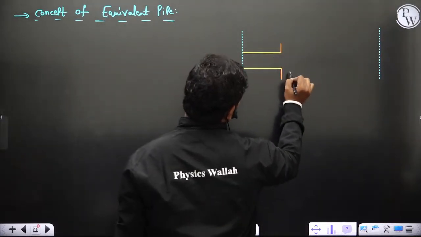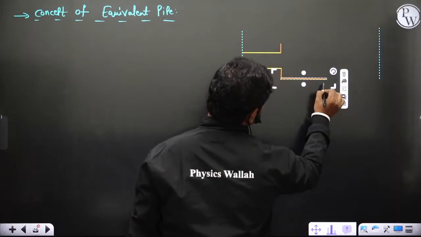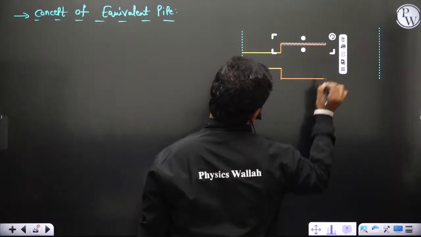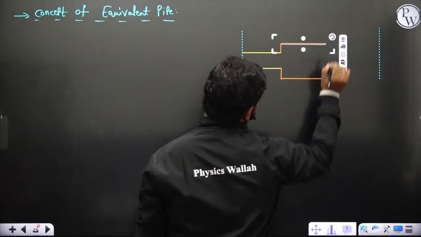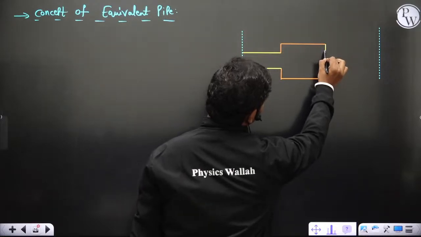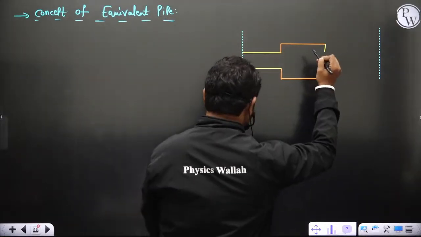So when you have this pipe of different diameters and different things, actually, then like this, I'm a very bad artist, so please forgive me for my poor drawings, but I hope you can understand the things.